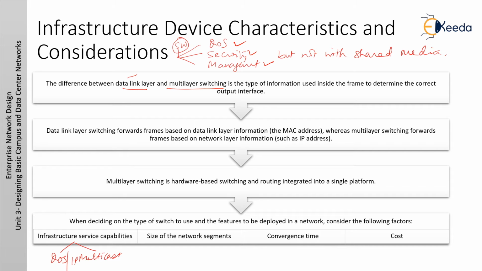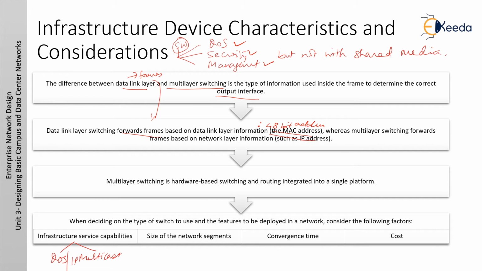In data link layer switching, we use frames, and the information inside the frame determines the correct output interface. Data link layer switching forwards the frame based on data link layer information, so it uses the MAC address. It means inside that frame, MAC address based addressing is there, a colon separated 48-bit long address.